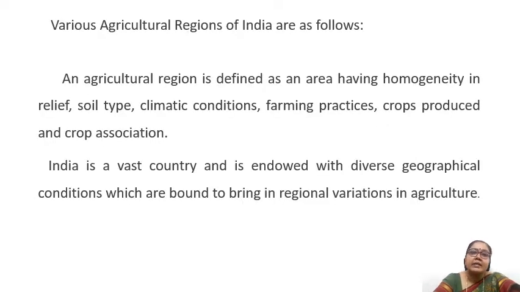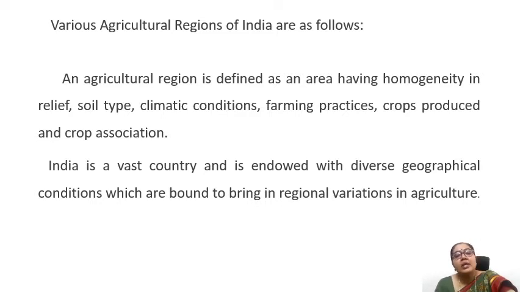The various agricultural regions of India, the soil pattern and crop pattern, are all very different because we have different climatic conditions and practices that we follow for crops. The kind of association we have with crops is very unique and different.